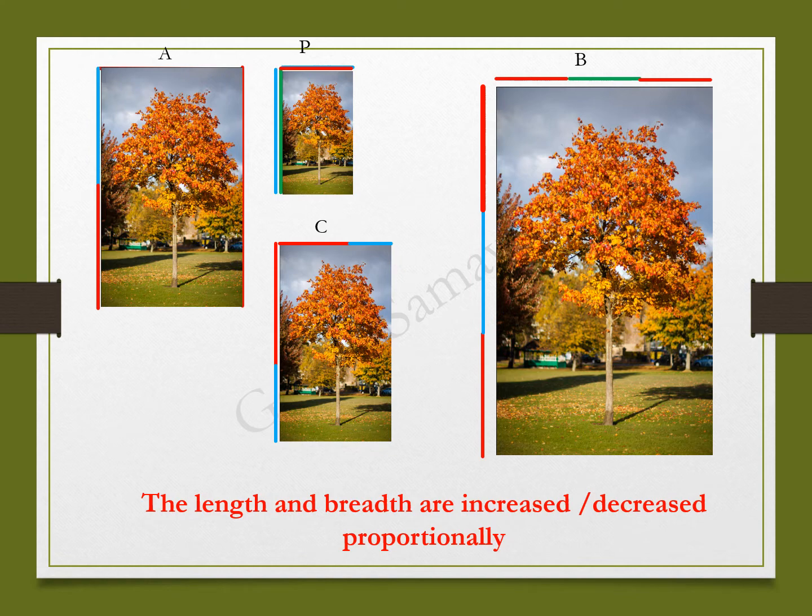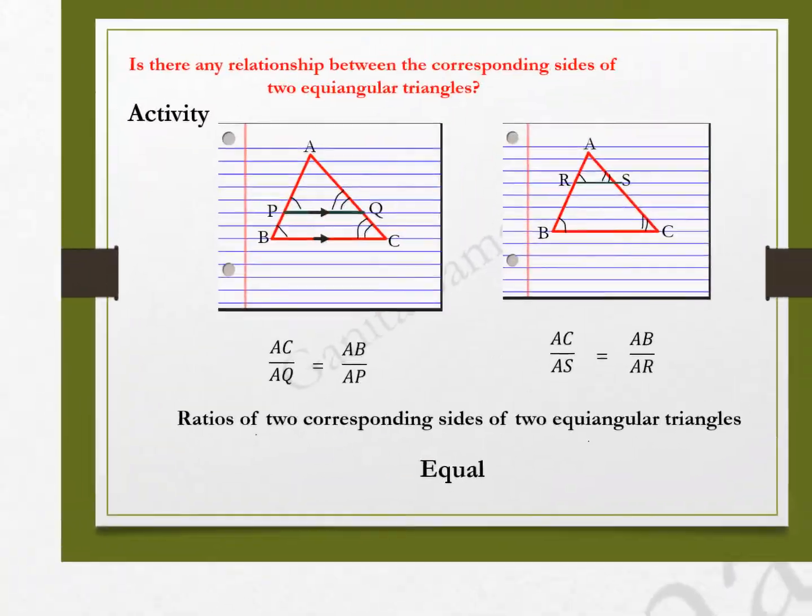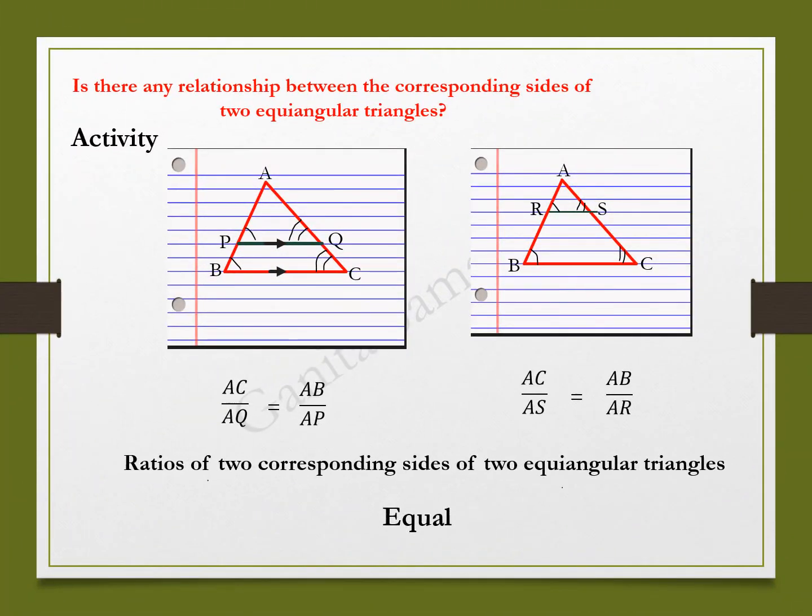That is, we substantiated it by doing an activity. Do you remember that activity? Yes. We took a ruled sheet of paper, drew a triangle, and then we found out the ratio of the corresponding sides, and we found that it is equal. So through observation and through activity, we established the relation that in two equiangular triangles, the corresponding sides are proportional.